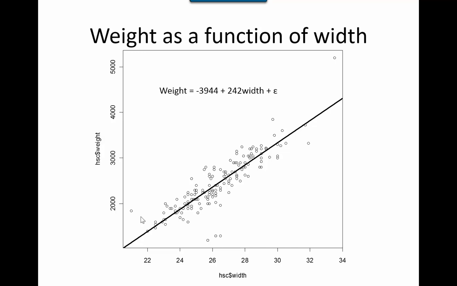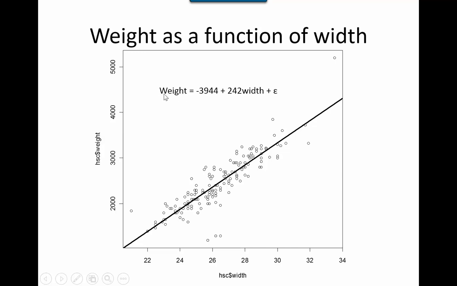So we can plot weight as a function of width for our horseshoe crabs, and unsurprisingly, bigger crabs weigh more. And we can calculate an approximation to that relationship using a straight line. This is the most fundamental kind of two-variable statistical model that you could come up with.